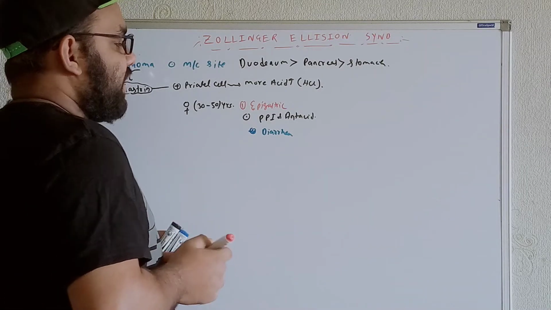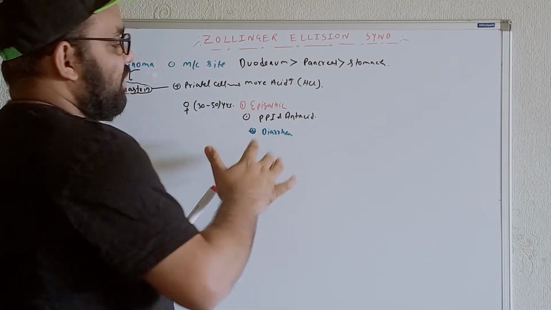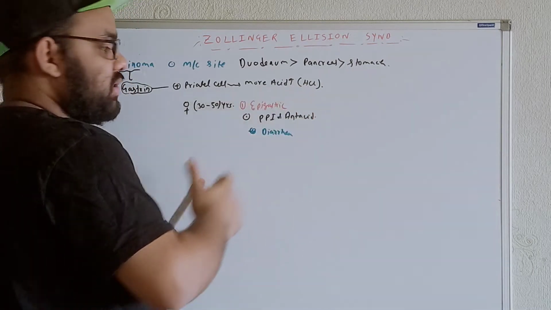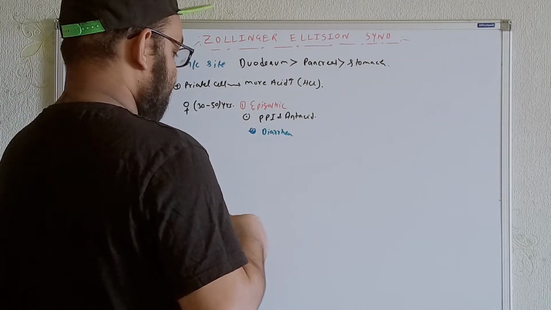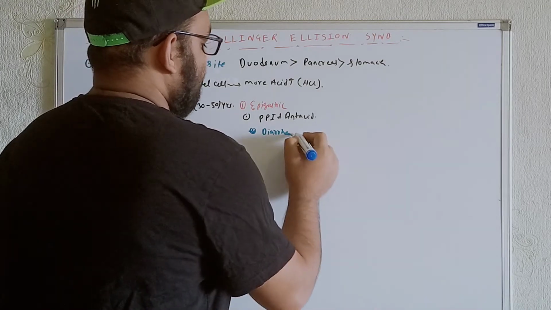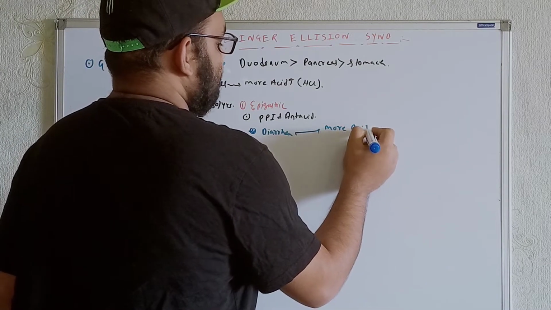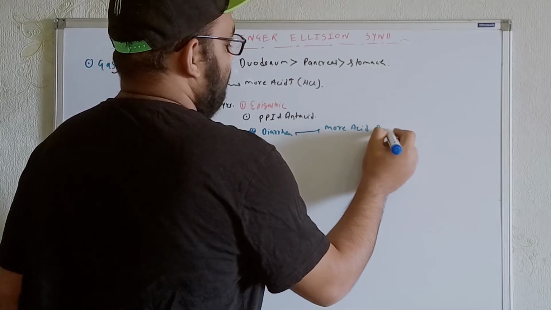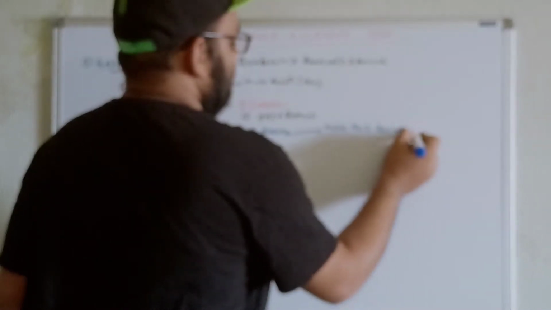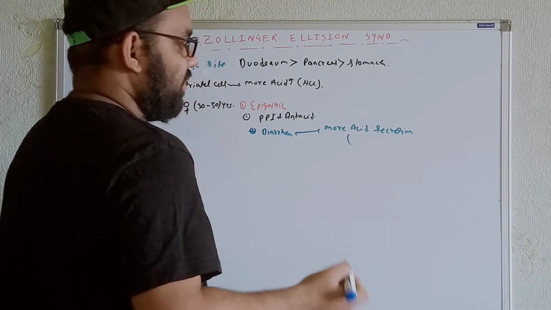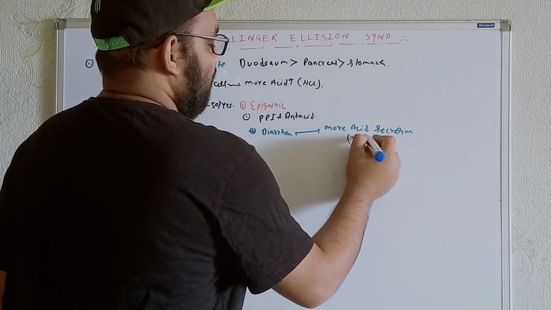Now why do we see this? As I said, we will get more production of HCl, more acid secretion. Whenever we get more acid secretion, the volume will be more.